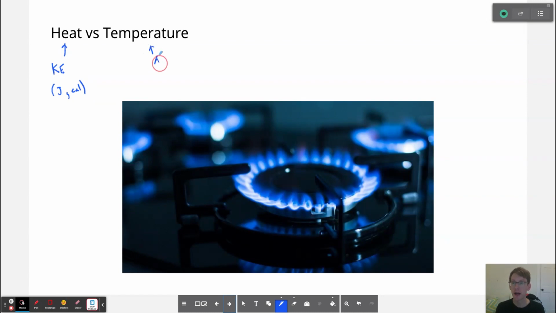Temperature is an average kinetic energy. So the average kinetic energy is measured in degrees Celsius or kelvins. So we could say that an object has a certain temperature, but also within that object, there's a certain amount of kinetic energy.